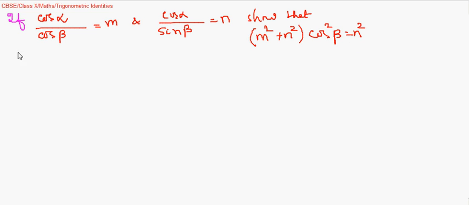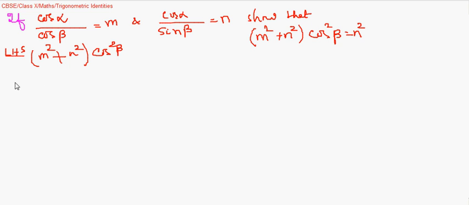We have to prove m square plus n square with cos square beta is equal to n square. Let me take up LHS. LHS says it is m square plus n square, and there is a cos square beta as well.